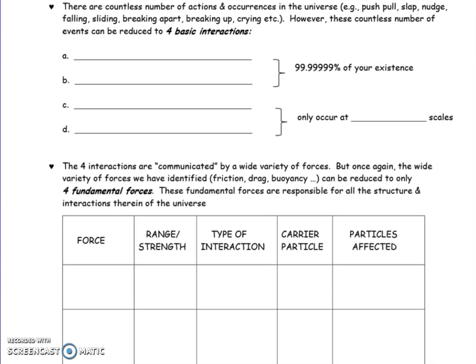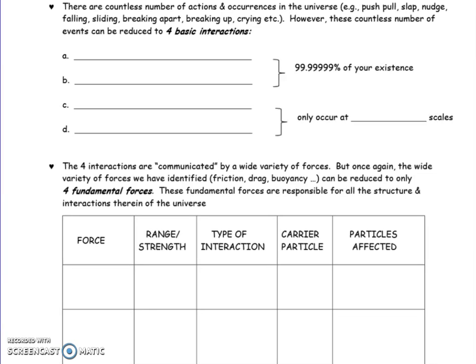So before we get into the fundamental forces, we can look at fundamental actions that occur in nature, or interactions. And in English language, or in grammar, we call that verbs, right? There's a gazillion verbs that you could think of, like a push, a pull, a slap, a nudge, breathing, breaking apart, breaking up, crying, as shown above.